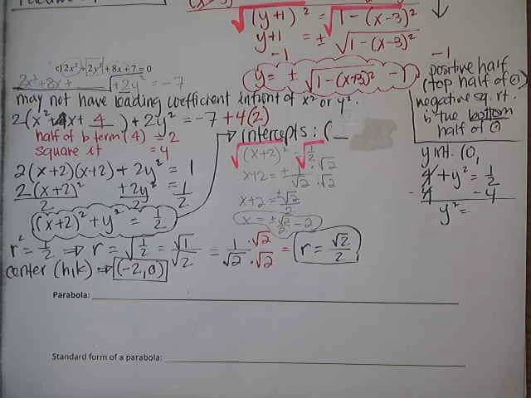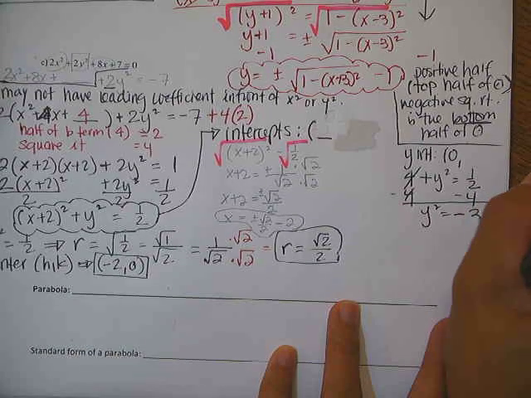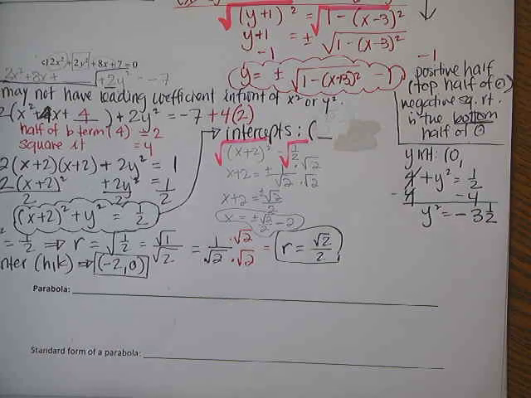I'm going to give you guys a second to figure that out. One-half take away 4. I hope you wrote down -3.5. Okay.